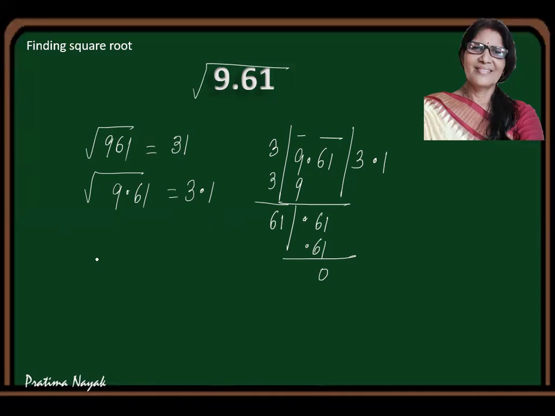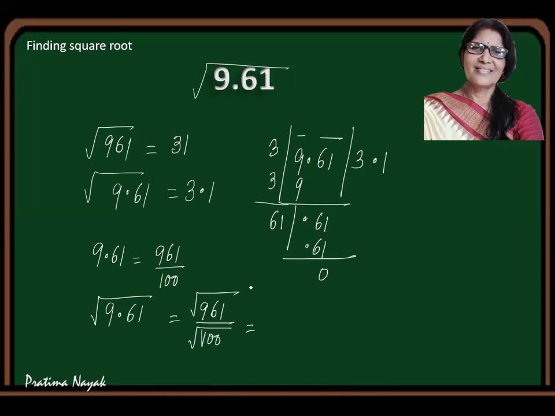I'm showing another method. Now 9.61, make it a fraction. It will be 961 by 100. Then take the square root of all the terms, that means the numerator as well as the denominator.